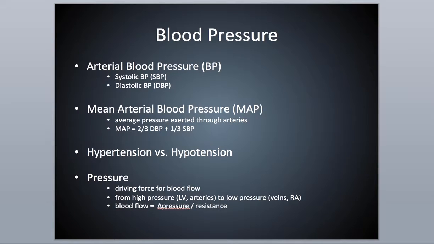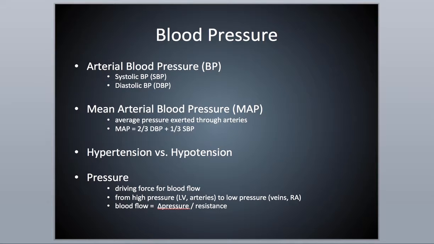So which one is more important? Is it systolic, diastolic? Getting a MAP puts it into one number. It averages it out instead of having two different numbers. So it does make it a little bit easier to compare and contrast between different patients or different subjects, maybe within a study.